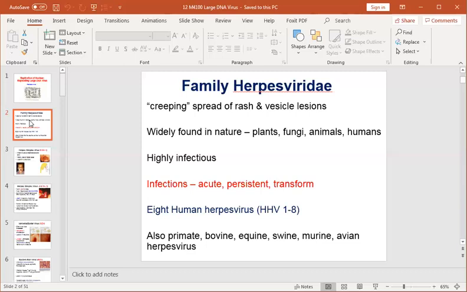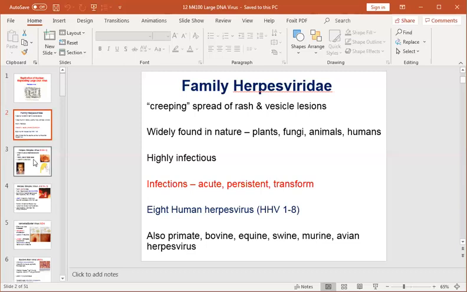There are 8 human herpes viruses, or HHV for human herpes virus, serotype 1 through 8. Also, we have primate, bovine, equine, swine, murine, and avian herpes viruses.